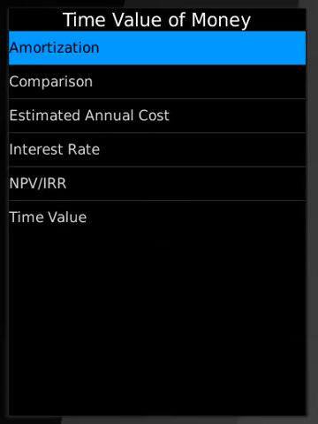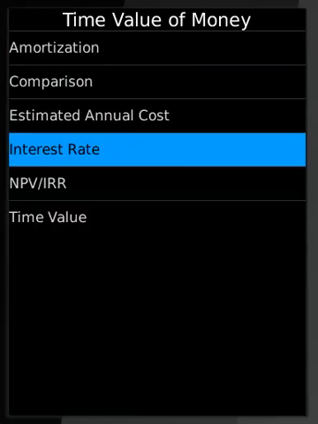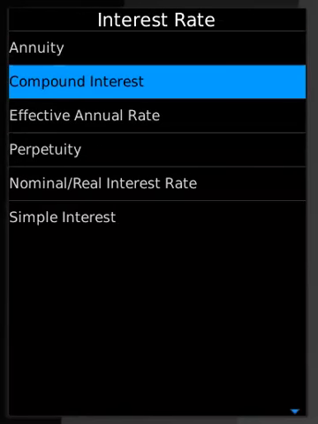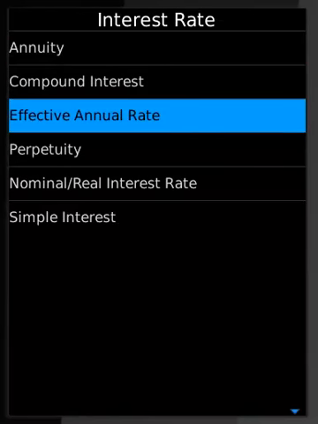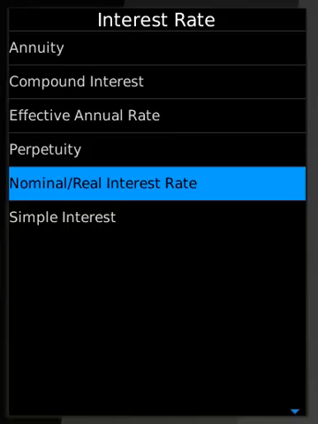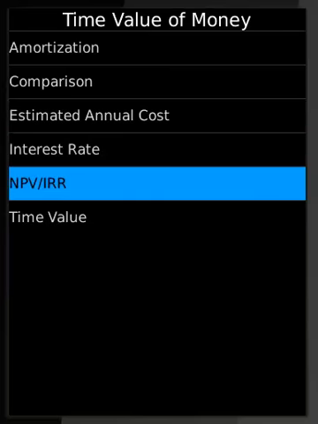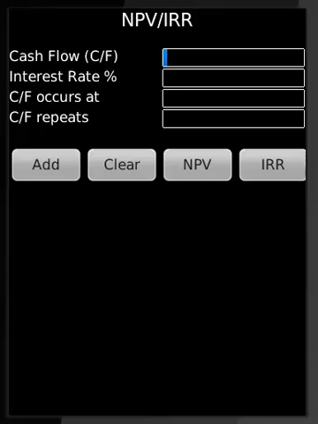Time value of money covers amortization, comparison, estimated annual cost to compare machines of unequal lives or projects of unequal lives. Interest rate covers annuity, compound interest, effective annual rate, perpetuity, nominal real interest rate and simple interest rate. NPV IRR calculates NPV and IRR.